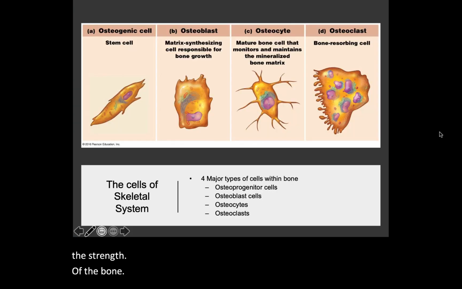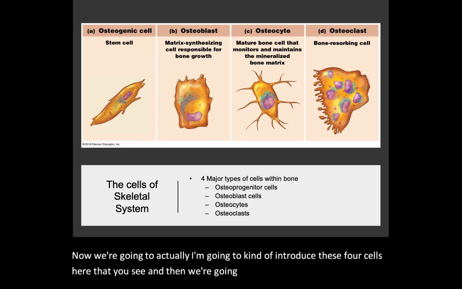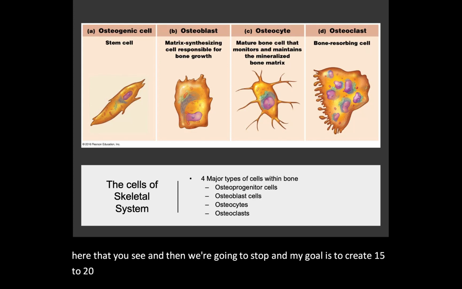Now, I'm going to introduce these four cells here that you see, and then we're going to stop. My goal is to create 15 to 20 minute presentations, so small chunks of information for you to absorb, with some questions built out as we go along.